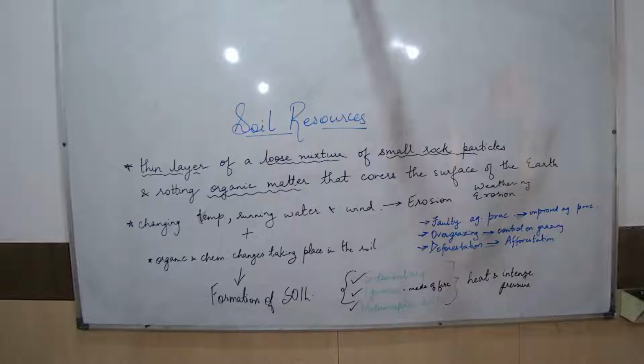Third, it is rich in nutrients such as nitrogen, phosphorus, and potassium that are necessary for basic plant nourishment. So those basic nutrients at least have to be there. Fourth, it contains organic matter that improves the structure of soil. What is the other word for organic matter? Humus.